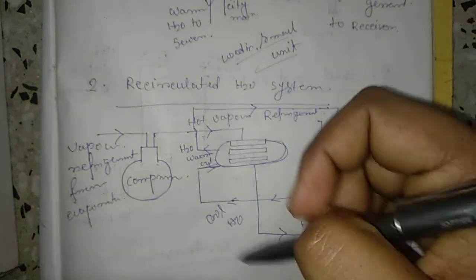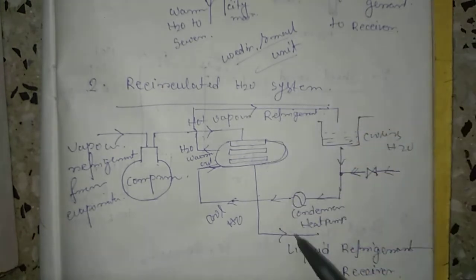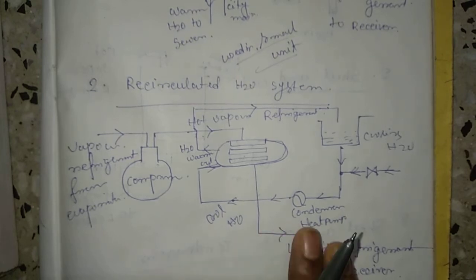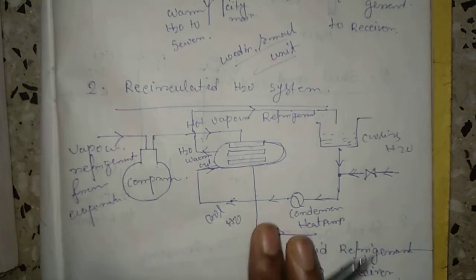This is a recycling unit, and when the hot vapor refrigerant rejects heat and forms liquid refrigerant, it goes to the receiver. This is the basic block diagram of how the recirculated water system water cooled condenser works.